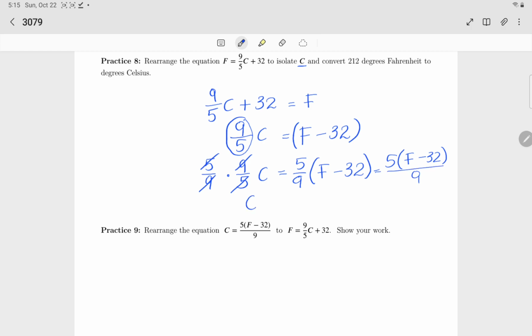Next, we're going to substitute 212 for Fahrenheit: 5 times 212 minus 32, divided by 9. That's 5 times 180 divided by 9. 180 divided by 9 is 20, and 5 times 20 is 100. So 212 degrees Fahrenheit equals 100 degrees Celsius.